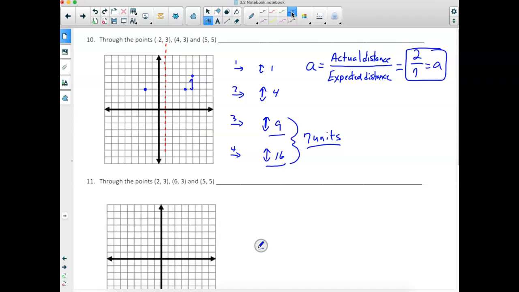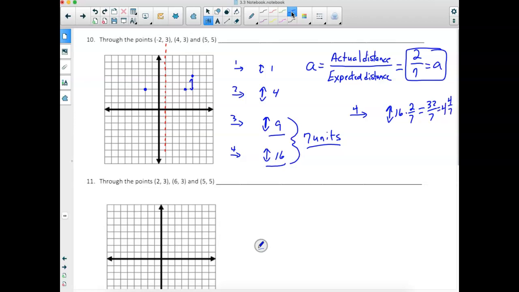Now, I can use that a value to work backwards, because typically, if I went over 4 units, I would go up 16 times my a value of 2/7, which would give me 32/7, which is 4 and 4/7.